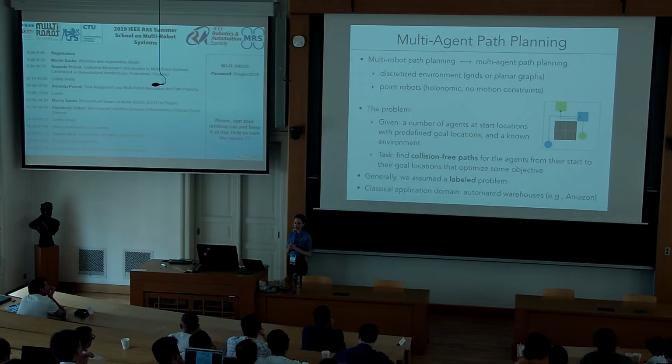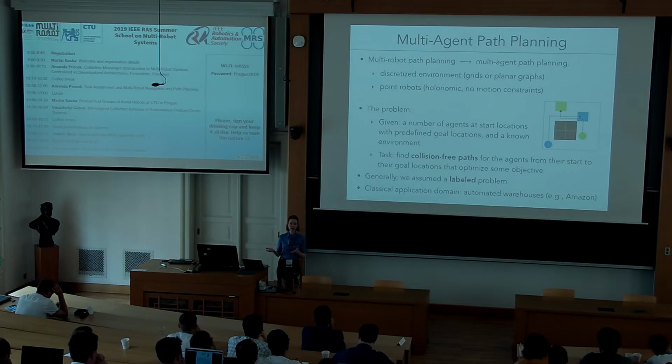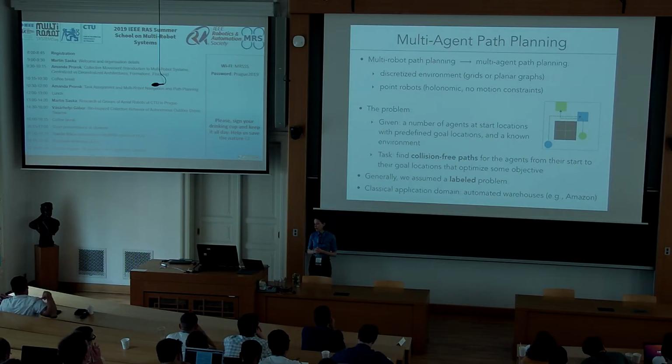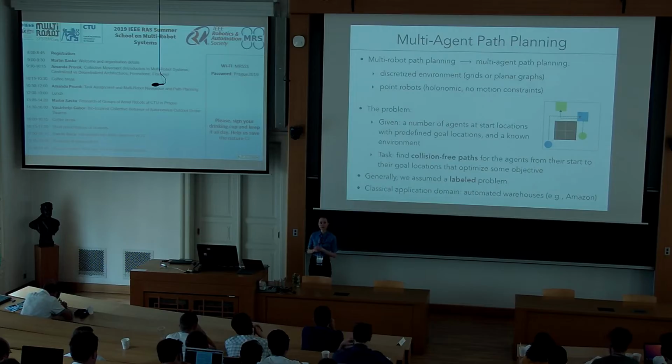We first say we have, or we're able to somehow discretize our environment. So one way of doing this is, for example, creating grids, regular grids that discretize our space. And the other thing we're going to say is that we have point robots. They don't necessarily need to be point robots, but we do need to have them be able to move into any adjacent grid cell, so up, down, left, or right.